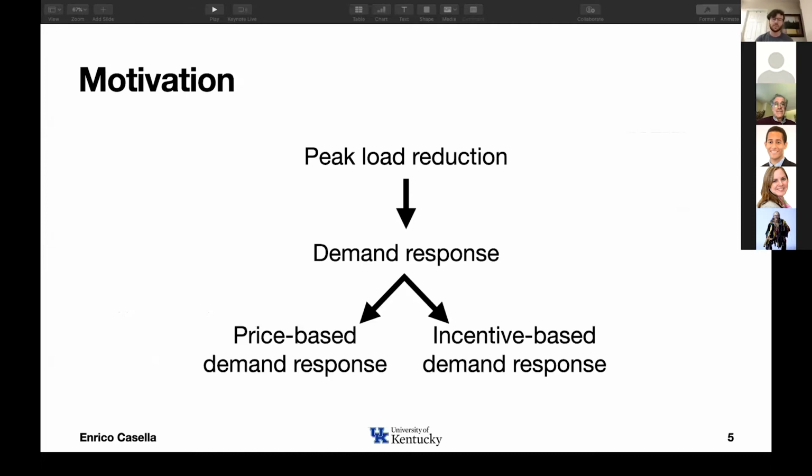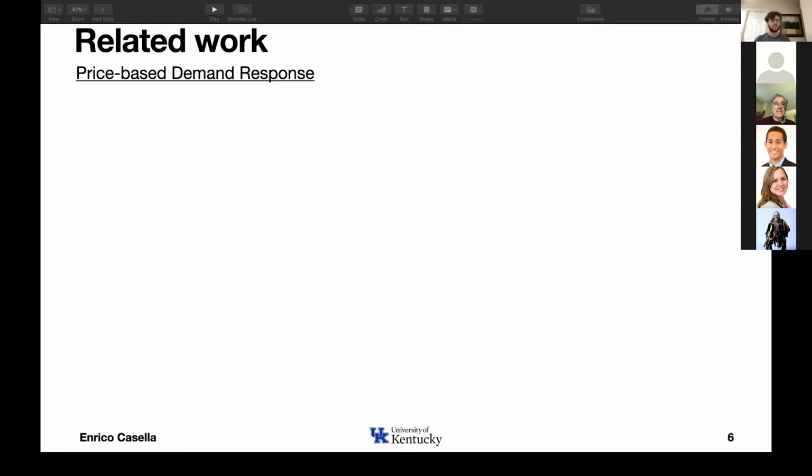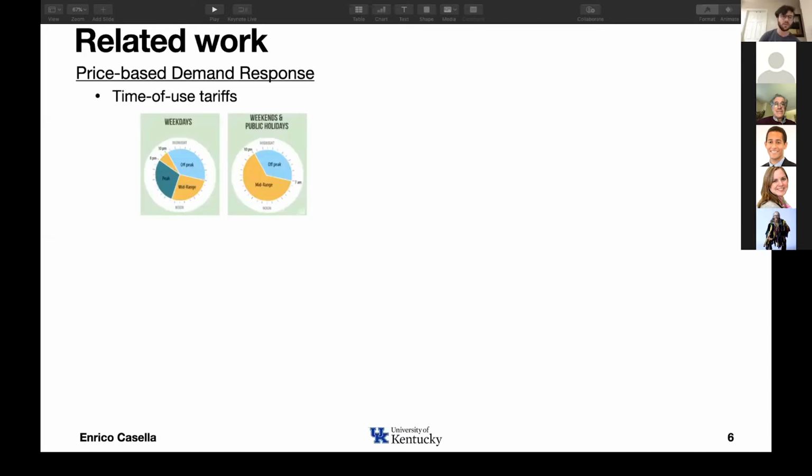There are basically two types of demand response: one is price-based and one is incentive-based. You can think of price-based as having different costs of electricity during the day. It's kind of a static approach: during these hours of the day there's going to be a lot of demand, so we put a higher price.